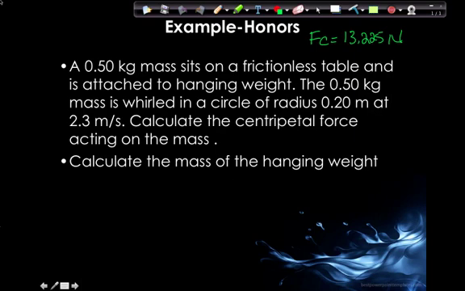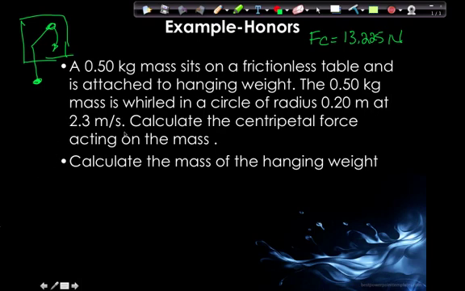So basically we have a weight, some weight, sitting on some table, and this is attached to some hanging weight right here. Okay, so this object right here is moving in the circle, and then this one's just kind of hanging there.